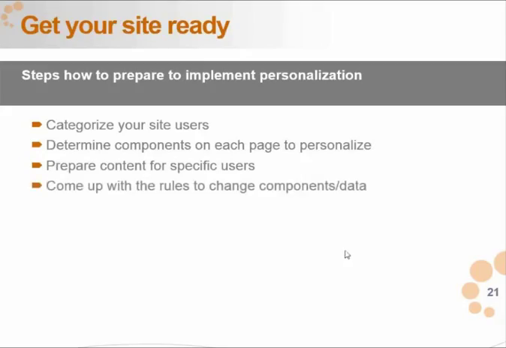Next is the way that you will categorize. You will have to come up with the rules to change the data. It might not be just for the persona, it might include other things like GeoIP, for example if the user comes from a specific country, display a different message.